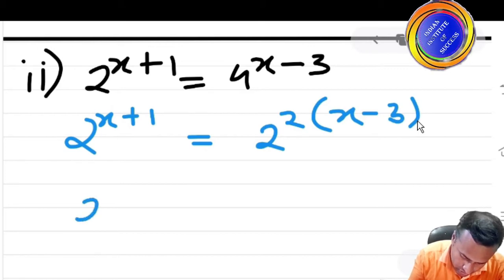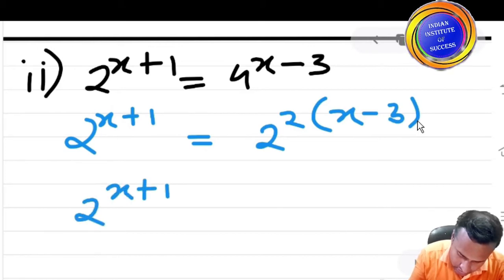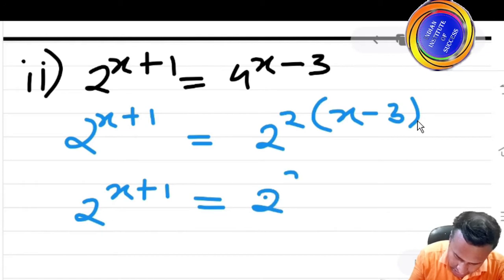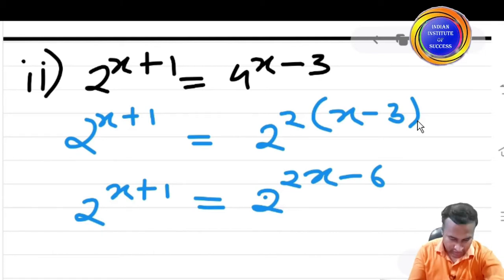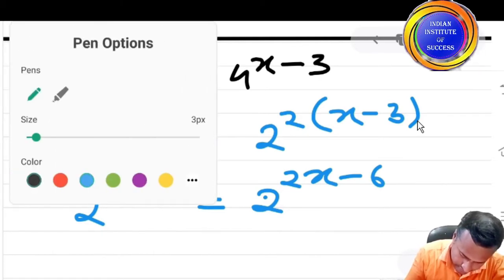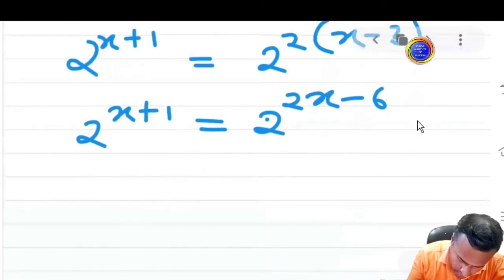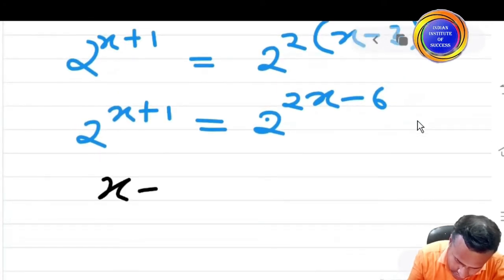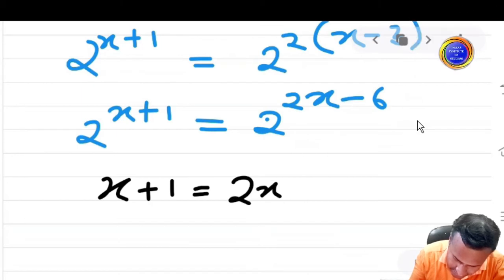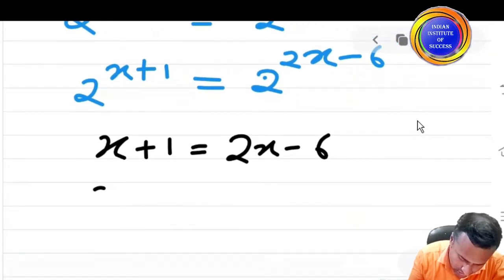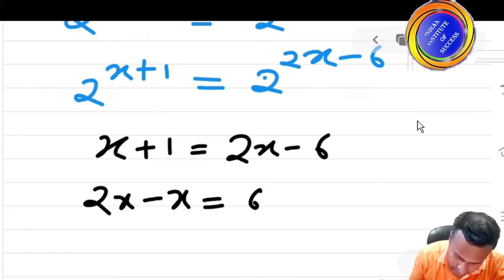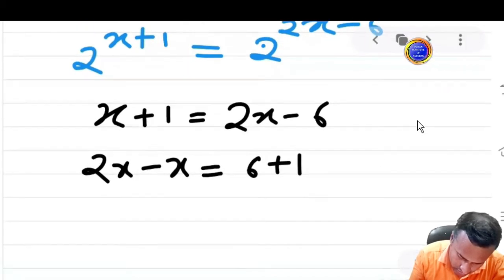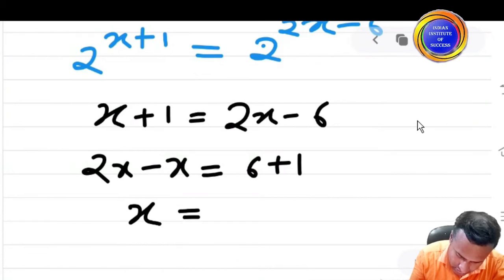So it means 2 raised to power x plus 1 equal to 2 raised to power 2x minus 6. 2 is multiplied by 3, so it will become like this. So x plus 1 is equals to 2x minus 6. So 2x minus x equal to 6 plus 1. So x equal to 7.